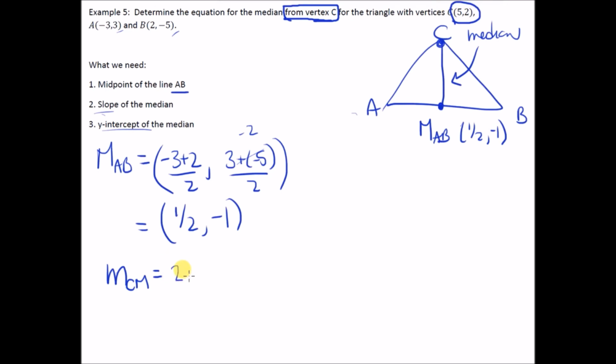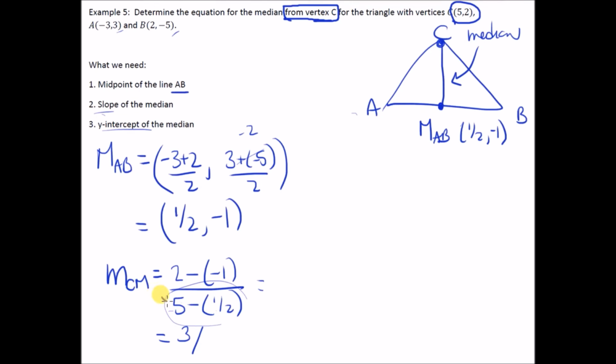So 2 minus -1 over 5 minus 1/2. Okay, so it's 3 over, well, what's 5 minus 1/2? This is getting a little ugly. That's okay. It's basically 4.5, but let's actually do this with the equivalent fraction.